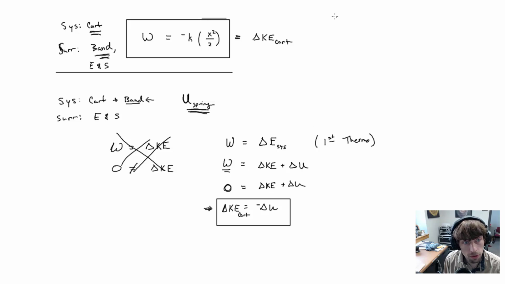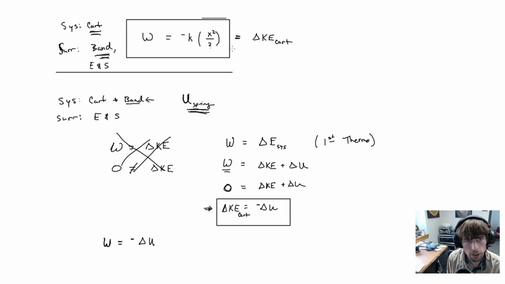So let's put those two together. If I eliminate the change in kinetic energy, I get that the work done on the cart must be equal to the negative change in potential energy.